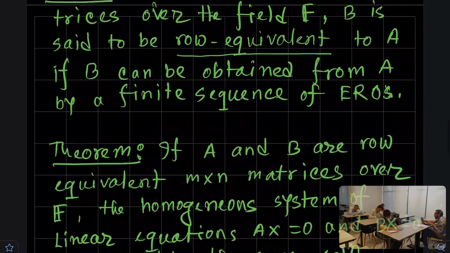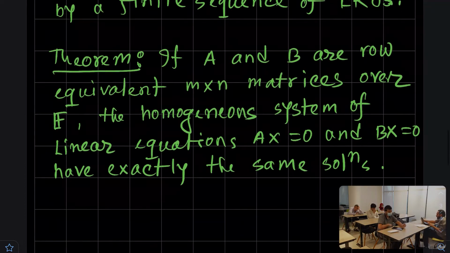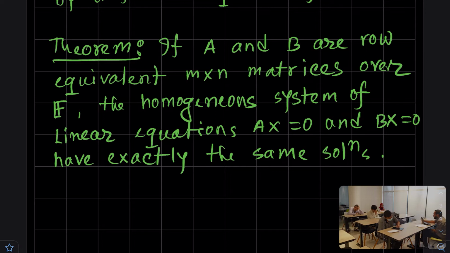For this theorem, the previous definition is very important. The definition says that B is row equivalent to A if you can obtain B from a sequence of EROs on A. Then the theorem states that Ax equal to 0 and Bx equal to 0 have exactly the same solutions.